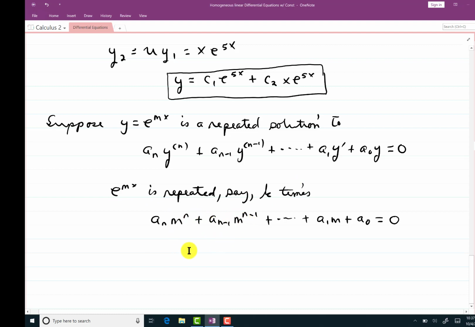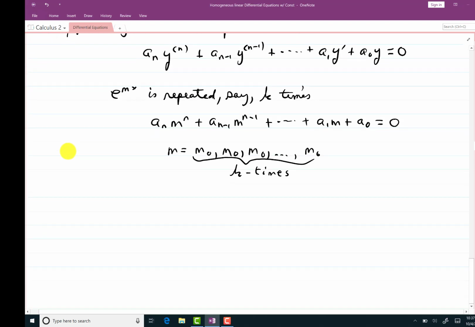Say when I solve this, I get m equals m naught, m naught, m naught, m naught. Suppose I get these k times. Then part of your general solution will look like this.